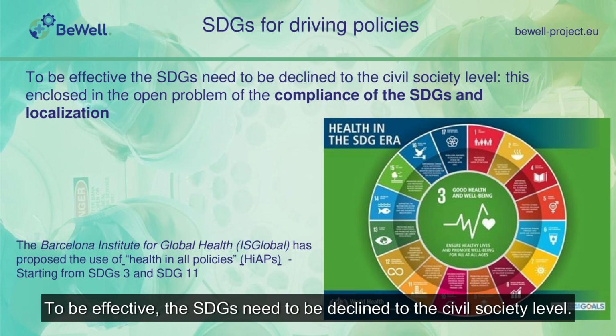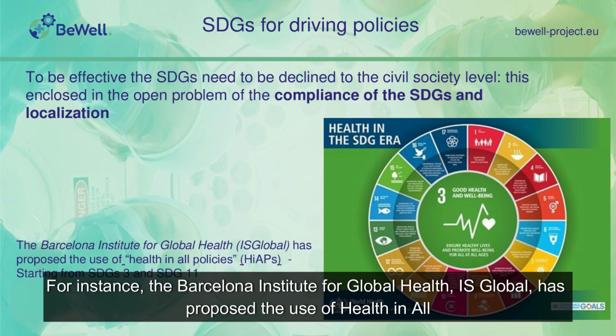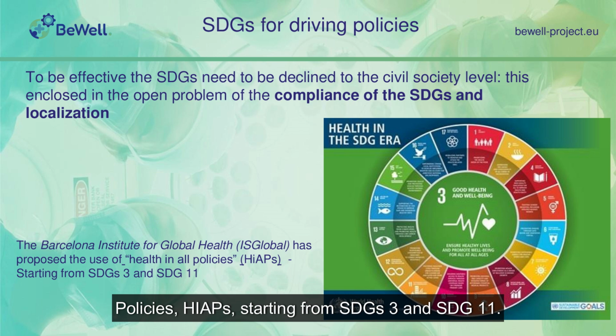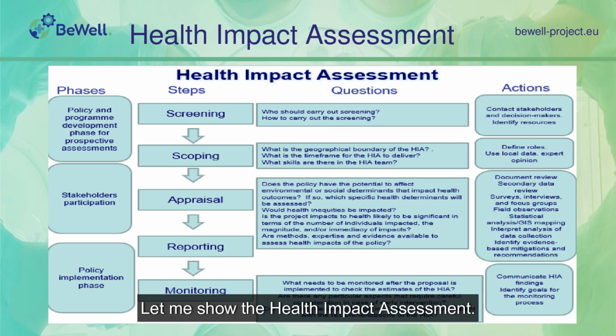To be effective, the SDGs need to be declined to the civil society level. This is enclosed in the open problem of the compliance of the SDGs and localization. For instance, the Barcelona Institute for Global Health, ISGlobal, has proposed the use of Health in All Policies, HiAP, starting from SDG 3 and SDG 11. Let me show the Health Impact Assessment.